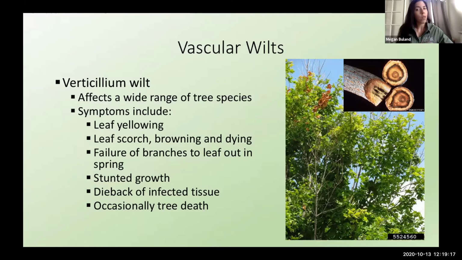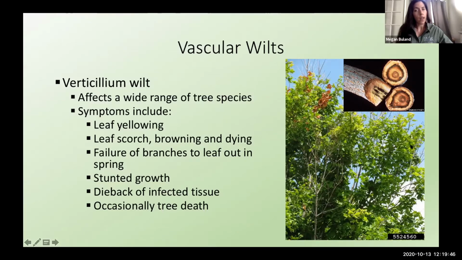If you believe that you have this infection in your landscape trees, I would really recommend contacting a professional, a certified arborist who might be able to take samples if necessary, or might be able to confirm through a visual diagnosis whether or not it might be verticillium wilt that is impacting your landscape trees, because there are visual cues that you can look for, like this discoloration in the tissue of the tree, that brown staining.